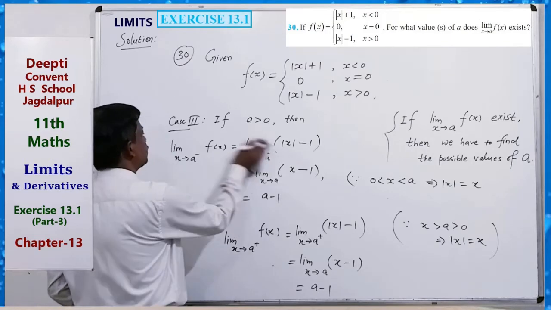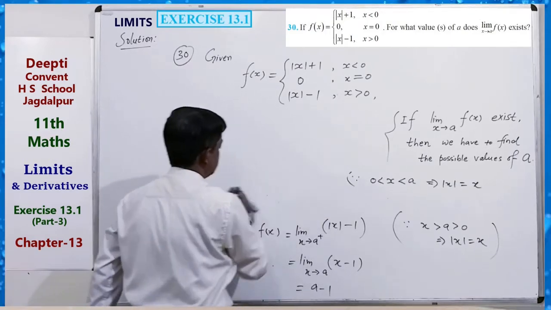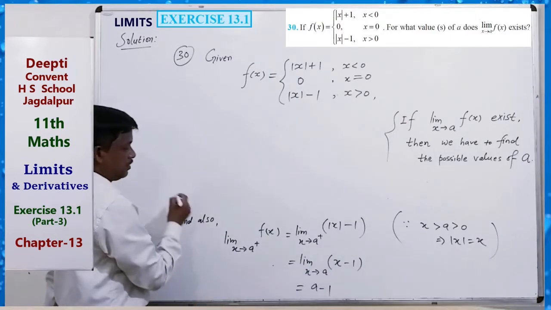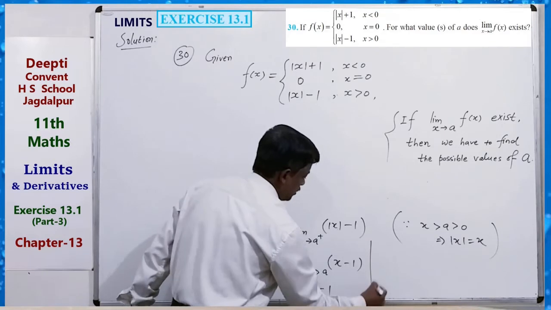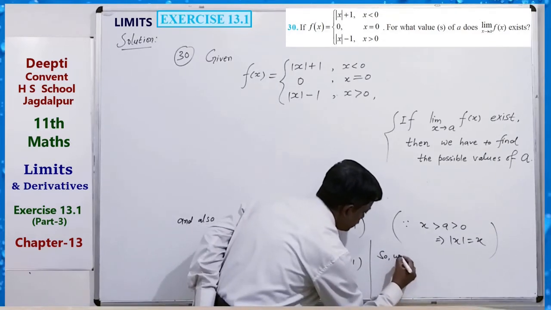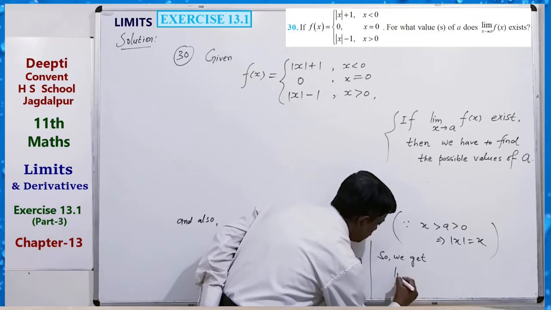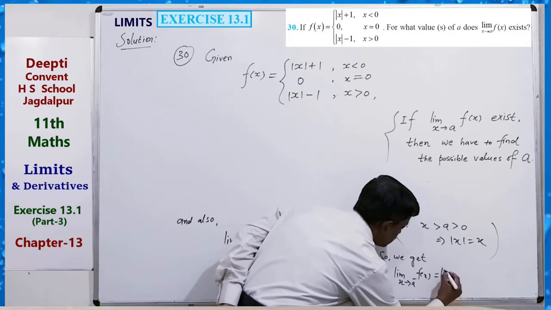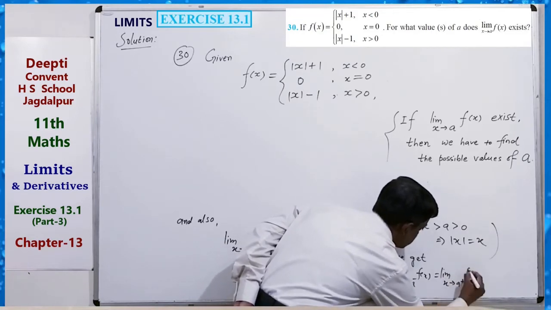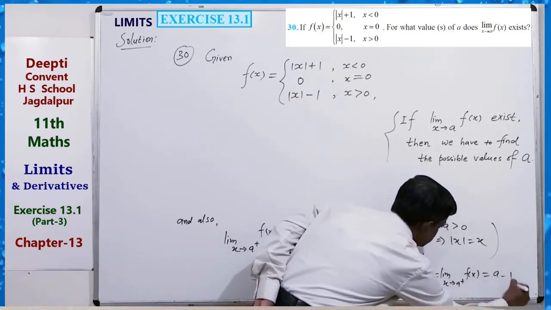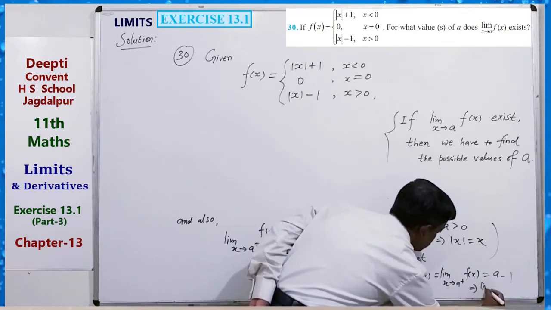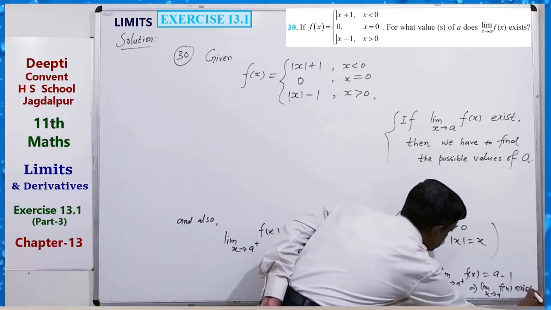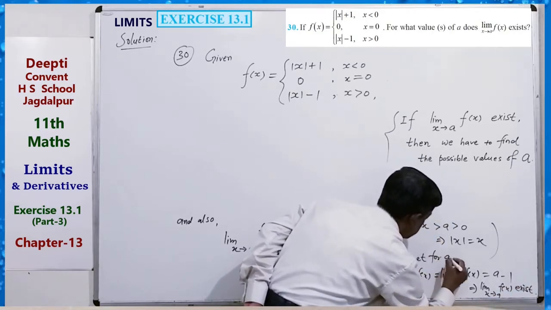Clear? So finally we can write what? We get limit x tending to a negative of f(x) equals limit x tending to a positive of f(x) equals a minus 1, implies limit exists as x tending to a of f(x), for a greater than 0.